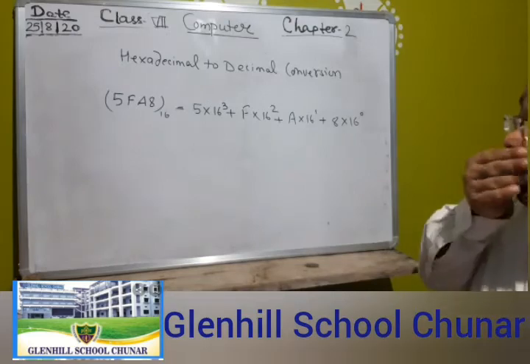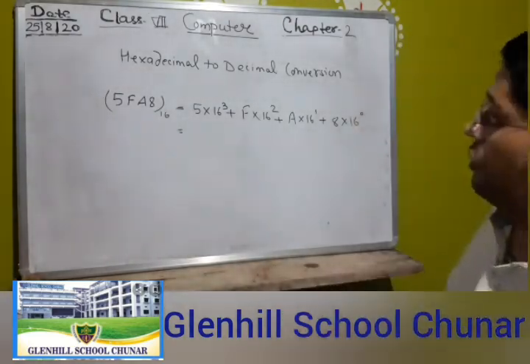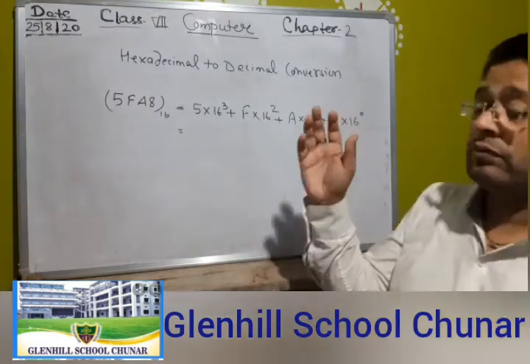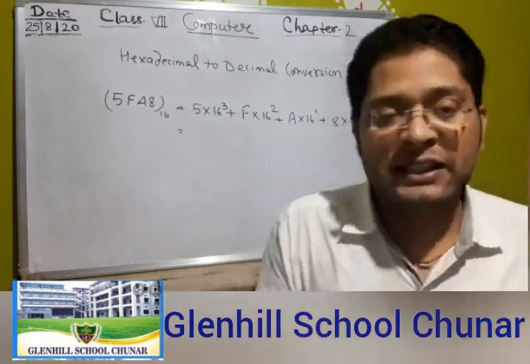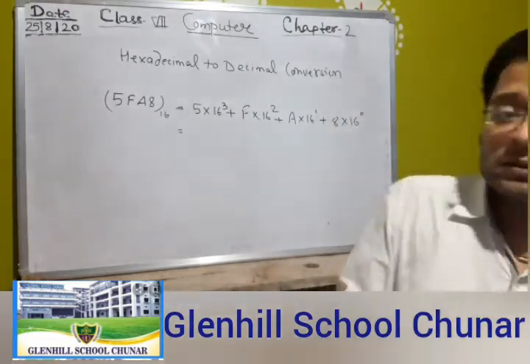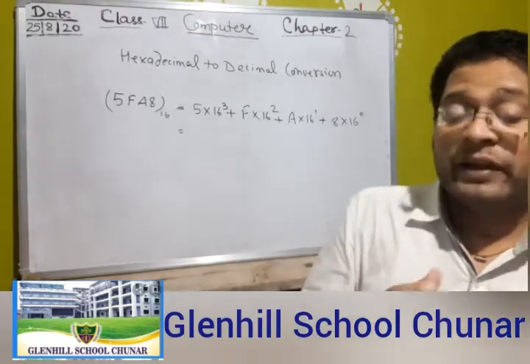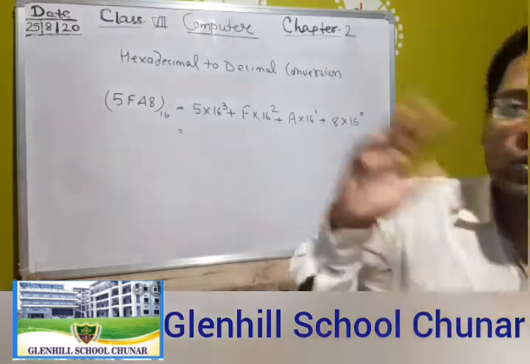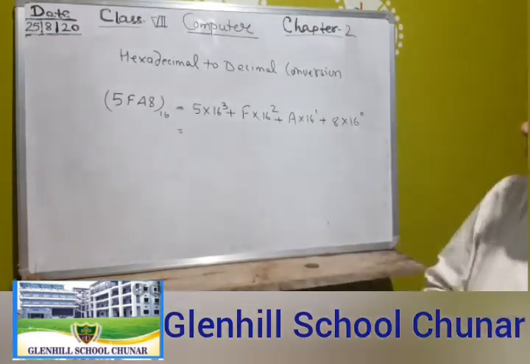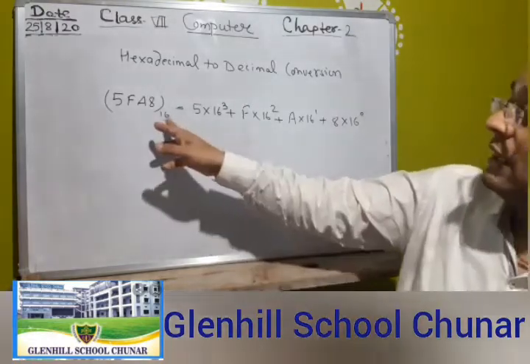And you know the values of A to F, because what's the base of hexadecimal? 16. How is 16 made? 0 to 9 is 10 digits and A to F is 6 digits. So 10 and 6 make 16.